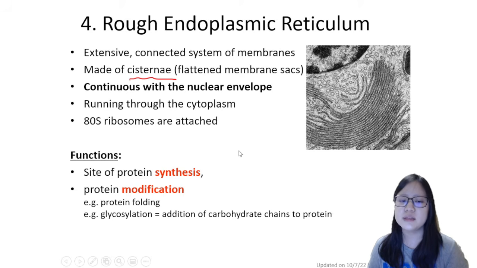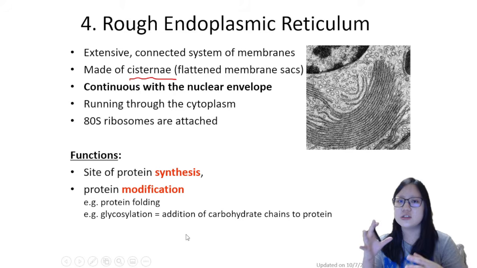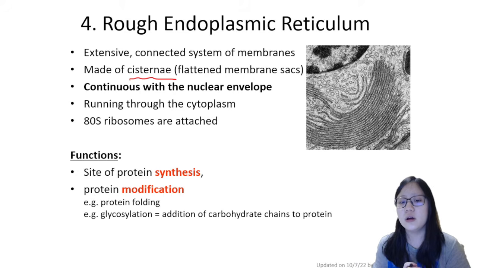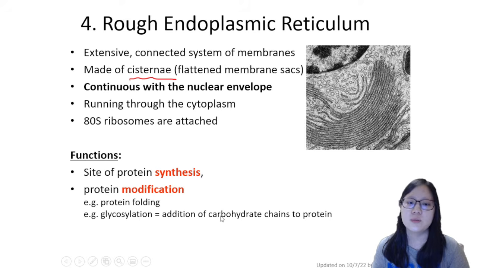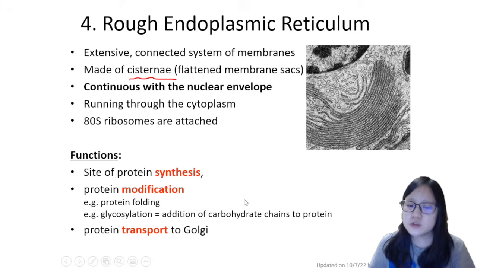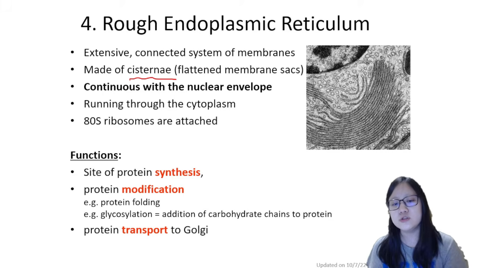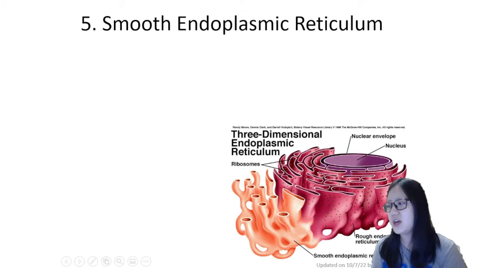Very simple ones like protein folding or glycosylation, which is the addition of carbohydrate chains to protein, which is actually a very common process to modify your proteins. They also transport this protein after it's synthesized to the Golgi for more modification.